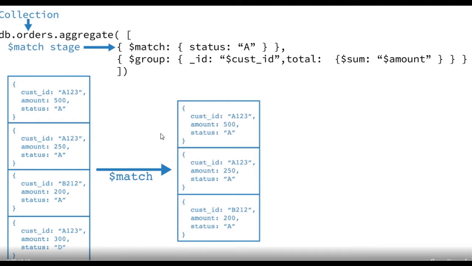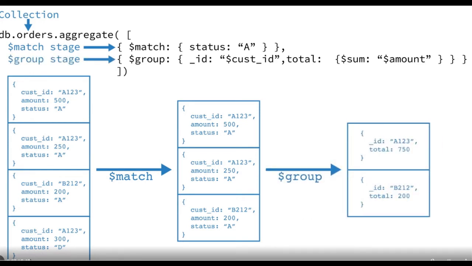As you can see, this one is discarded. It is not matching this criteria A. So these documents are grouped. Next it is based on customer ID. If you find here customer ID A123, A123, it is grouping based on those customer IDs. So the collection of documents is aggregated based on customer ID, and here it is A123.